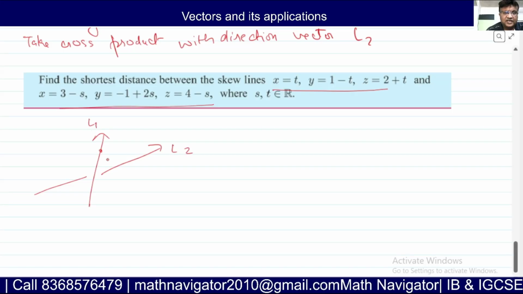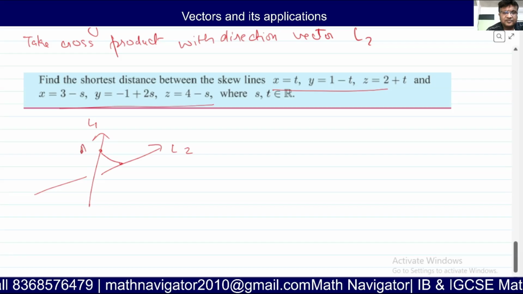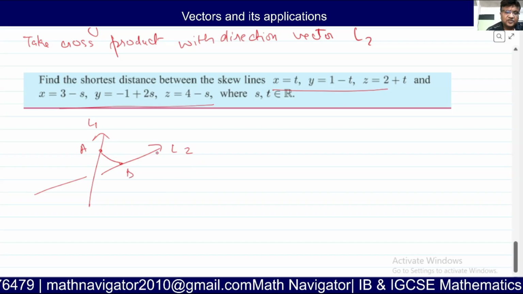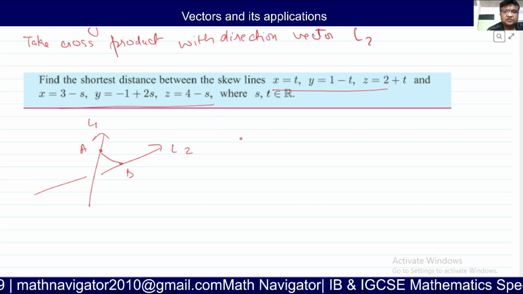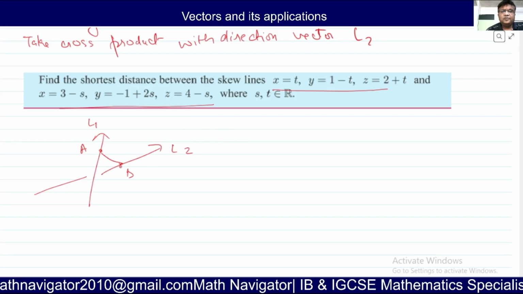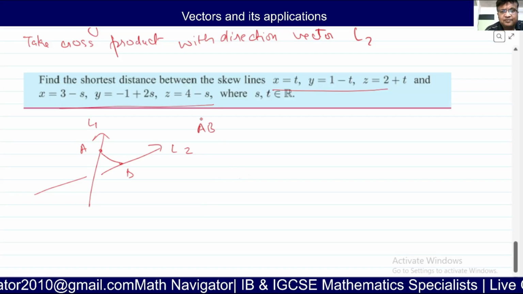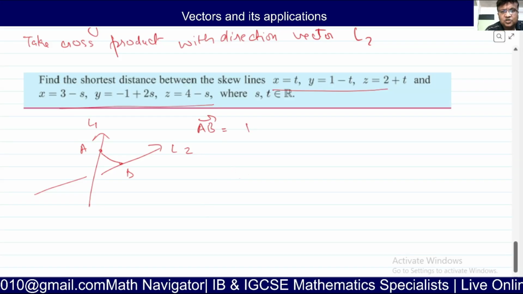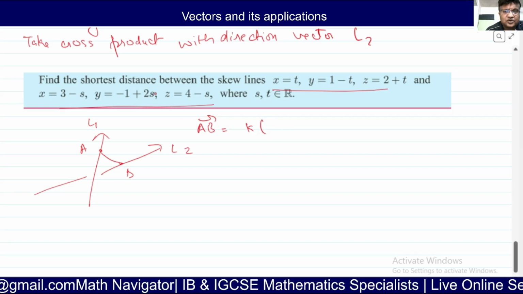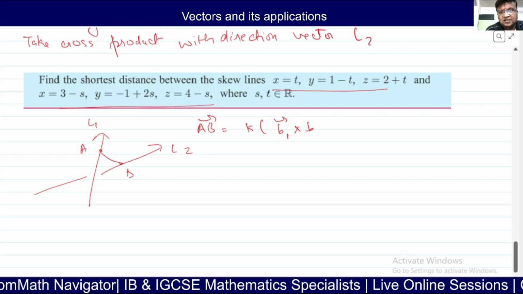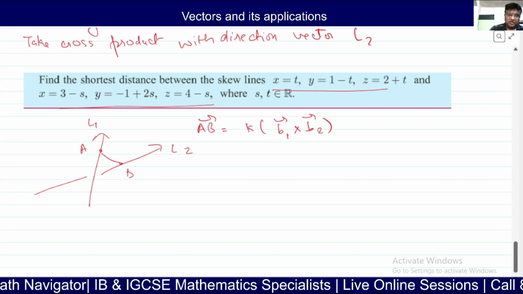I want to find this vector, and the cross product of these vectors should be some multiple of this. That means vector AB is equal to k times the cross product of the direction vectors of the two lines.